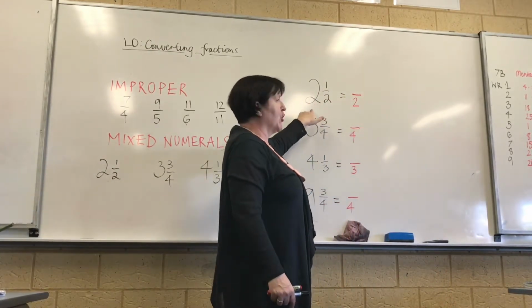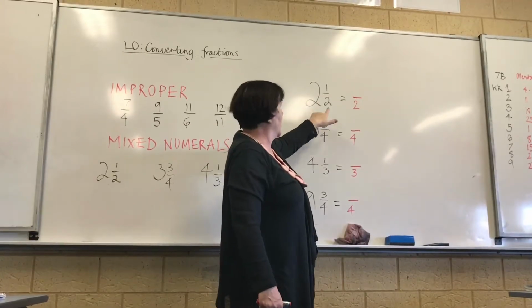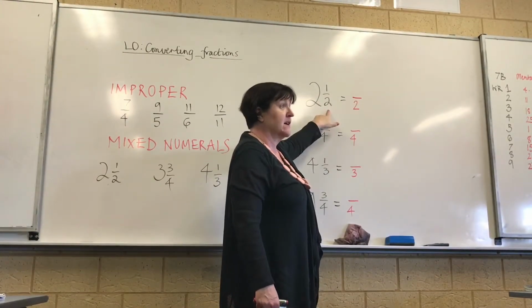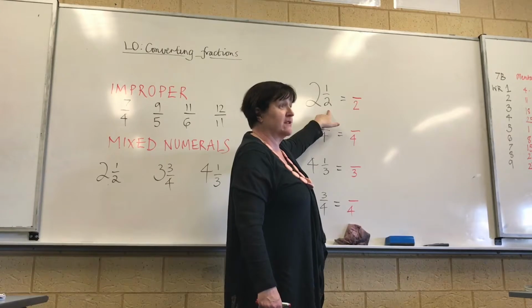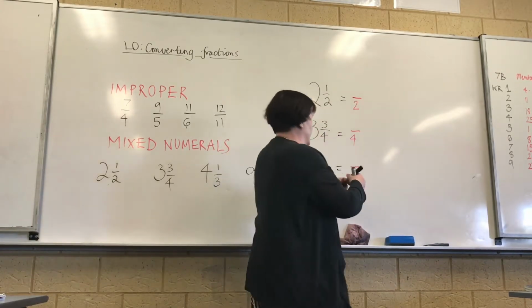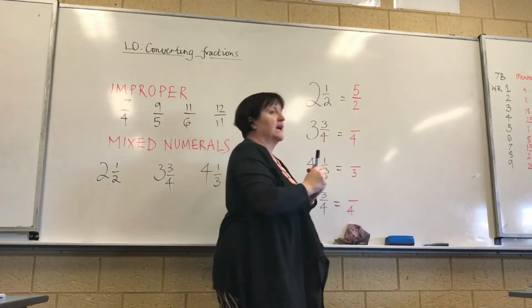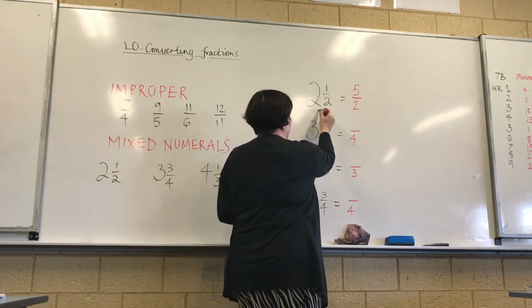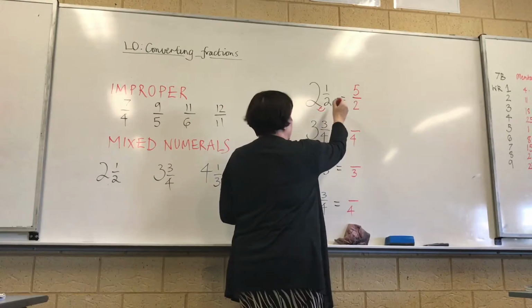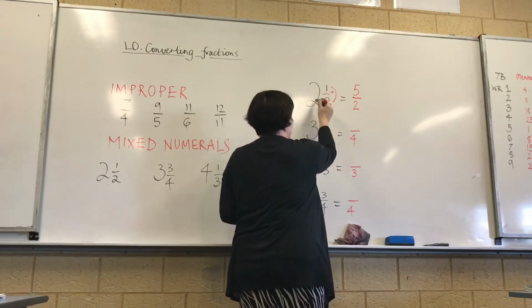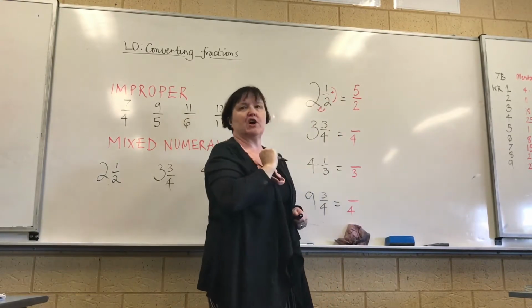There's 4 halves in there, and 1 extra half makes how many halves? 5. 5 halves, that's right. And the way that we did that was we multiplied those 2 numbers together and then added that one. 2 times 2 is 4, add the 1 is 5.